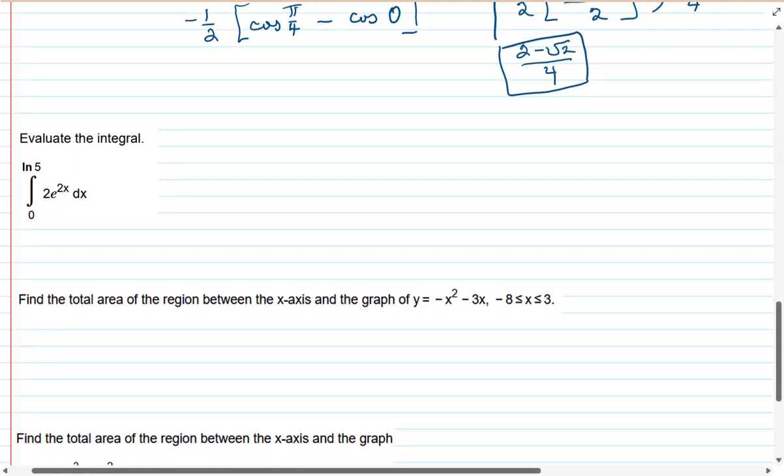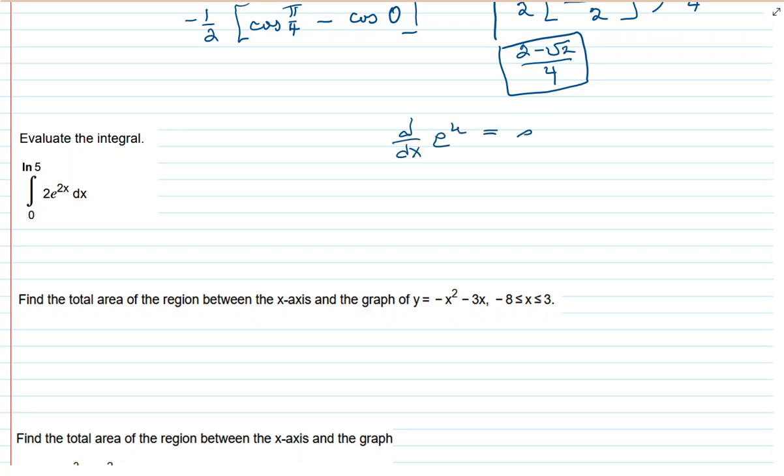All right. Well, here we have an e. And e is very interesting because we know the derivative of e to the u is e to the u times the derivative of that exponent. So in this case, we ended up with a 2, because we're going to be dividing by it. Okay, and it's from 0 to ln 5. Okay, here we go.